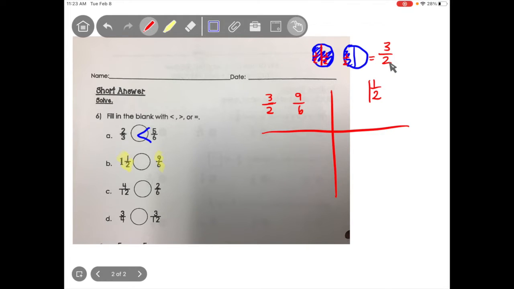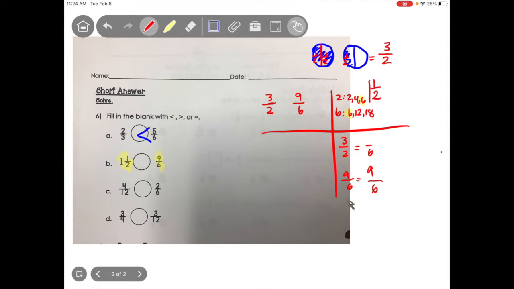Again, we can't really do anything unless we have common denominators. So let's find the common denominator between 2 and 6. We list the multiples of 2, we list the multiples of 6, we find the lowest one they have in common, and then we make equivalent fractions with that as our denominator.